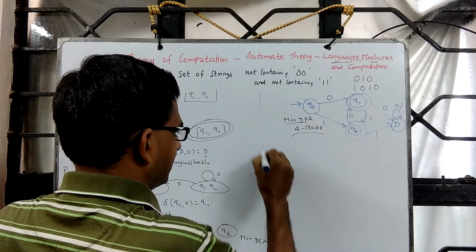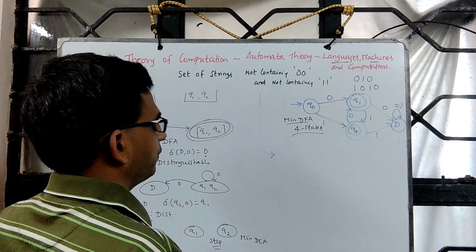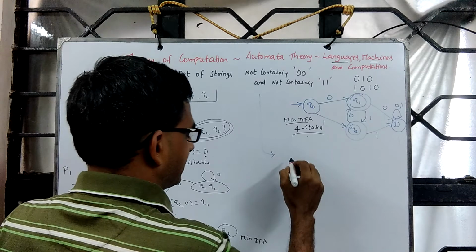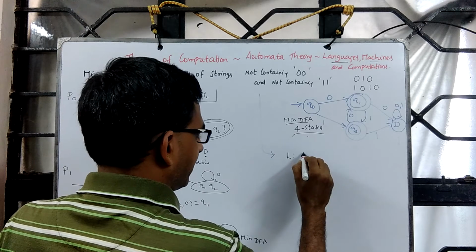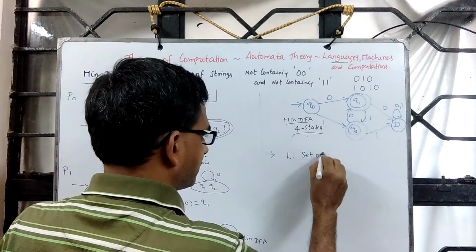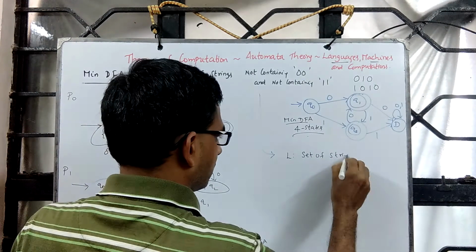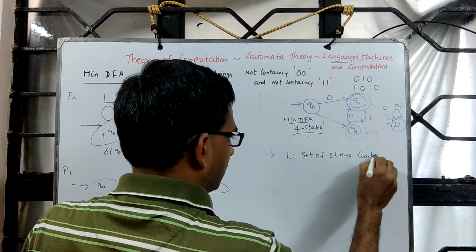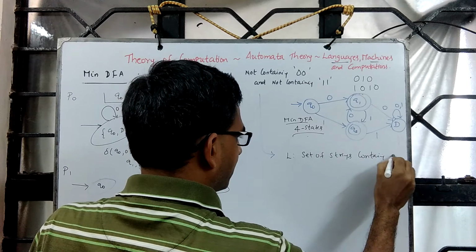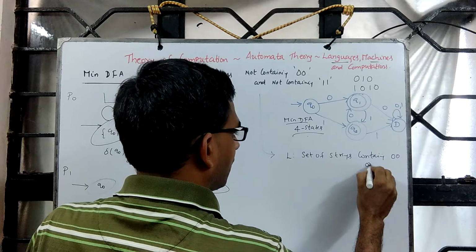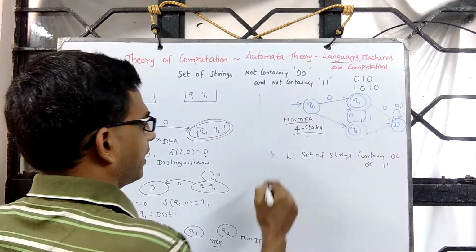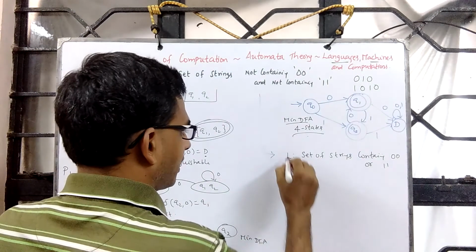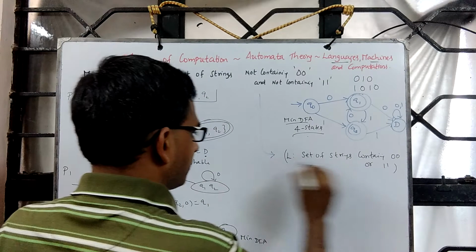So to answer this, what we can do, let's construct the language containing a set of strings containing 0 0 or 1 1, and then take the complement.